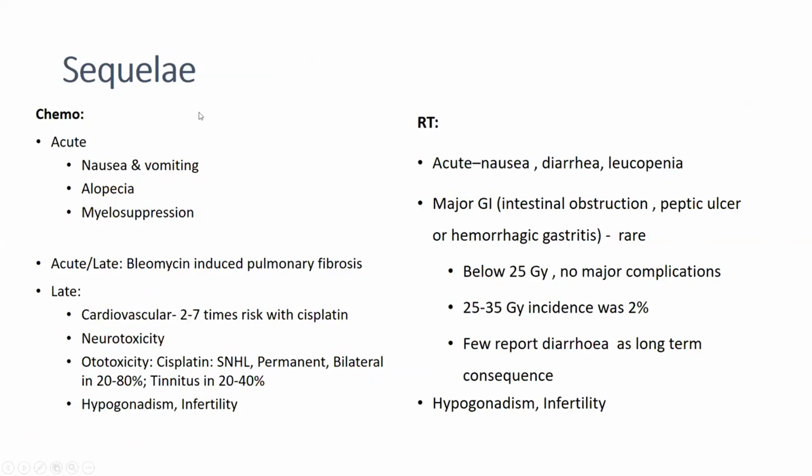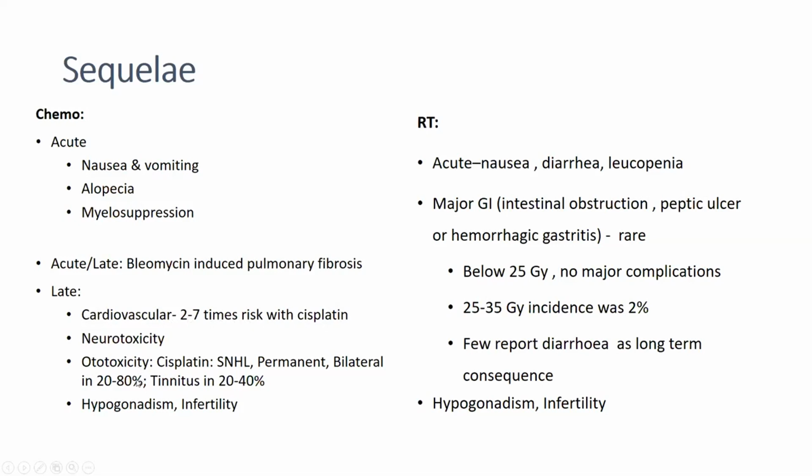Coming to the side effects of treatment, the acute side effects of chemotherapy can be nausea, vomiting, alopecia or bone marrow depression. And late side effects will be bleomycin-induced pulmonary fibrosis, or there will be cardiovascular risk, which is 2 to 7 times higher with cisplatin.